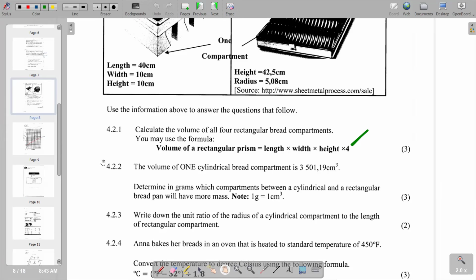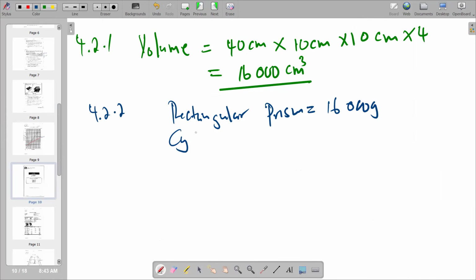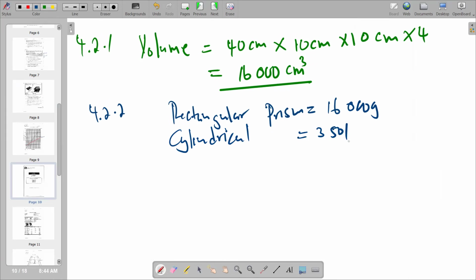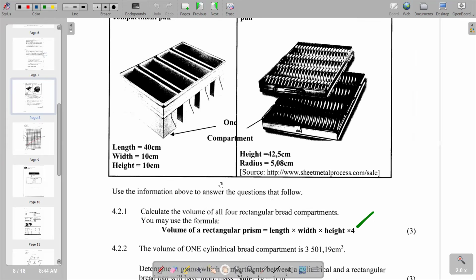So we can just compare the two, whereby we are saying rectangular prism. We just convert to grams, becomes 16,000. We got 3,501.19 grams, and then this one is only for one. So we multiply it by 4. We are supposed to multiply it by 4. So we can just try to refer back.